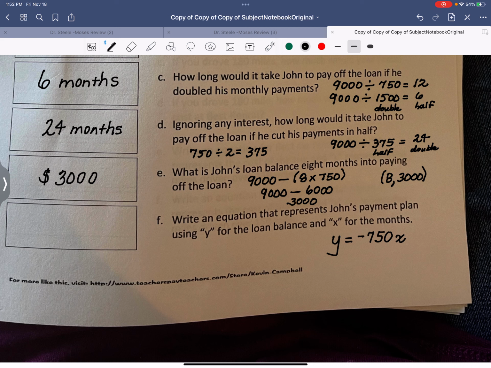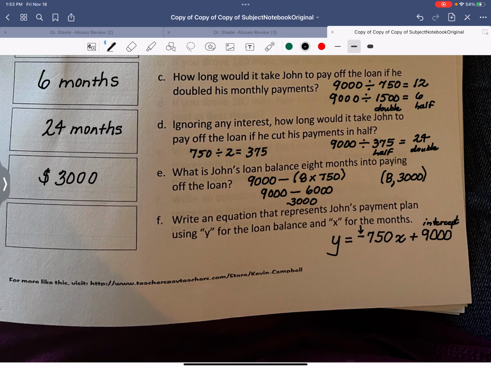Because what's missing? What did I not include? I know I'm subtracting 750. What am I subtracting it from? 9,000. This is always your intercept. This is always your starting point. That is why this negative sign is so important.